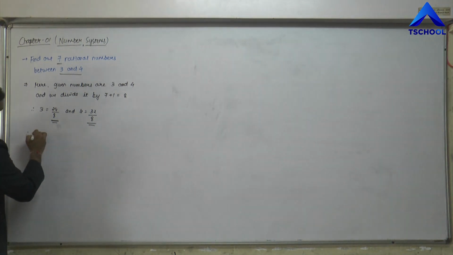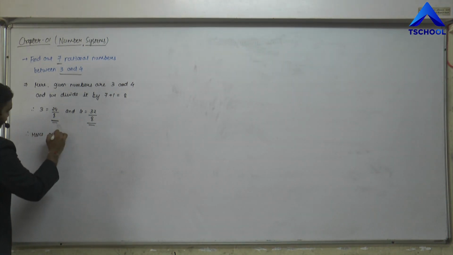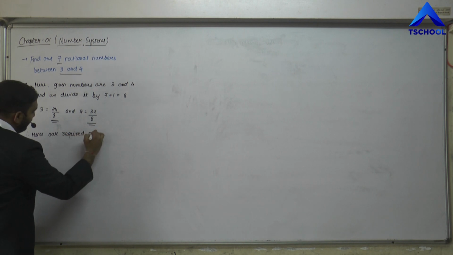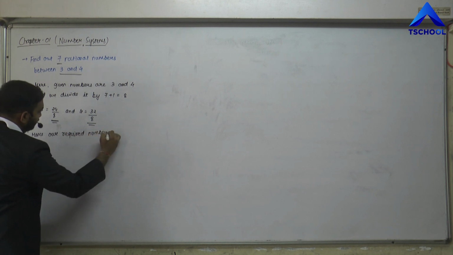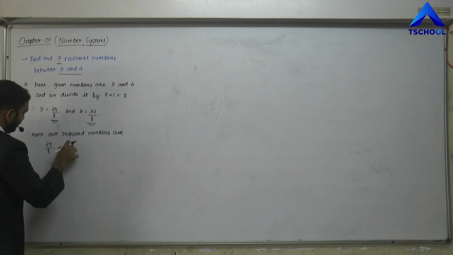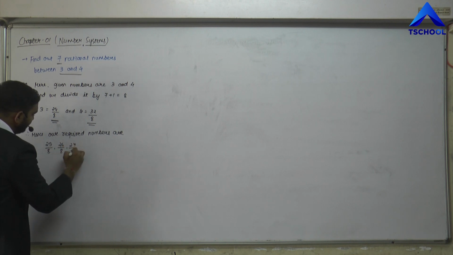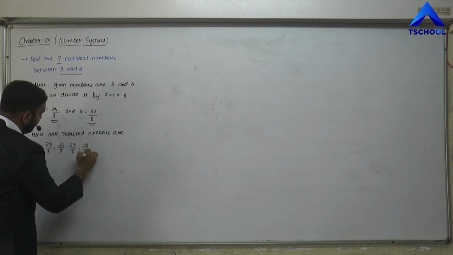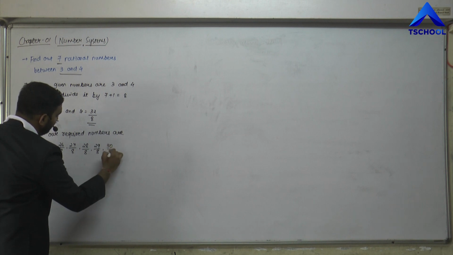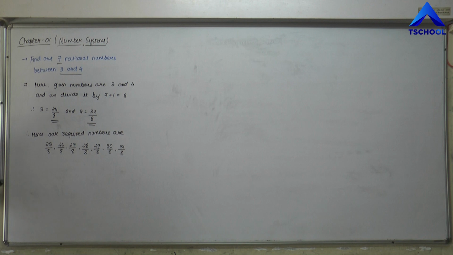Hence, our required numbers are 25 upon 8, then 26 upon 8, 27 upon 8, 28 upon 8, 29 upon 8, 30 upon 8 and 31 upon 8, right?